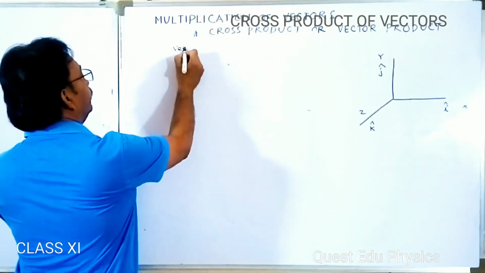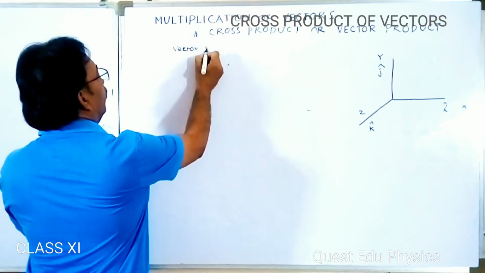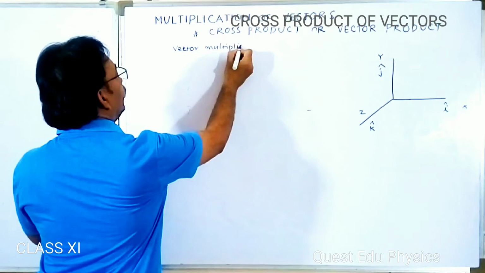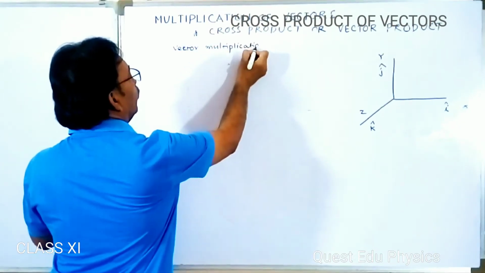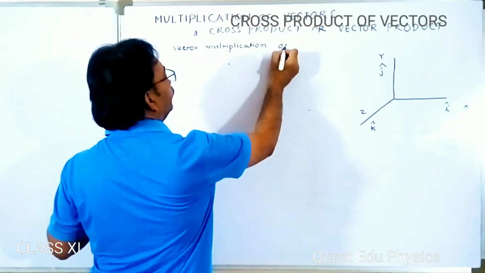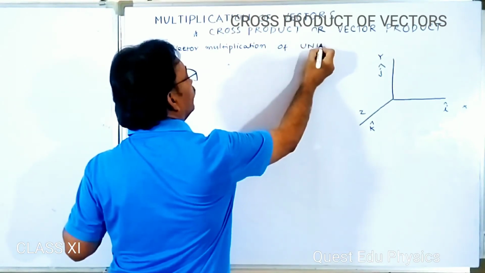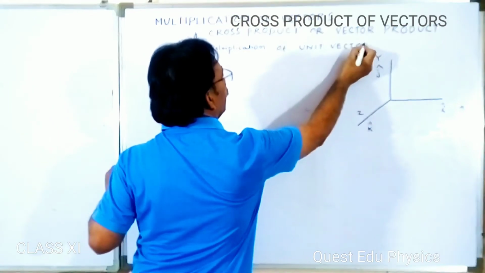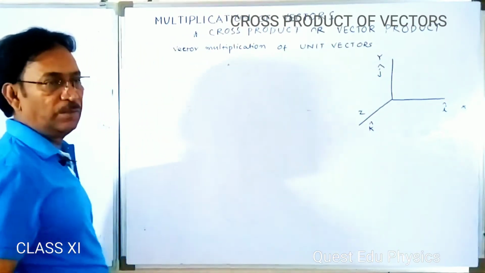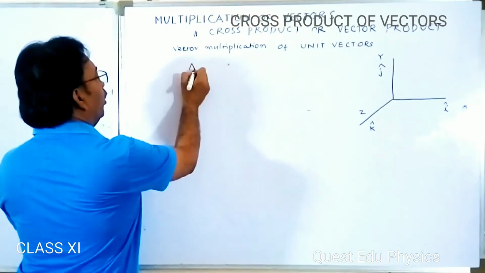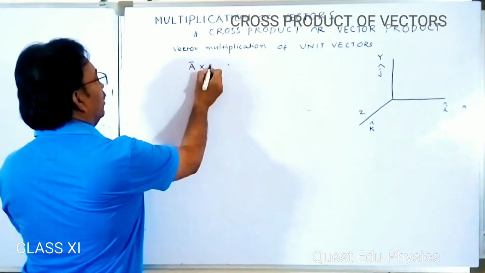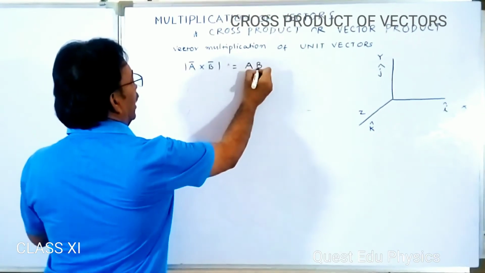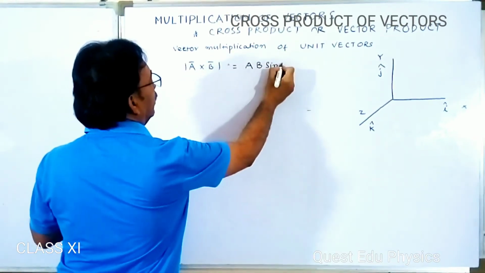Vector multiplication of unit vectors. We are using the basic property: A bar cross B bar is equal to AB sine theta.